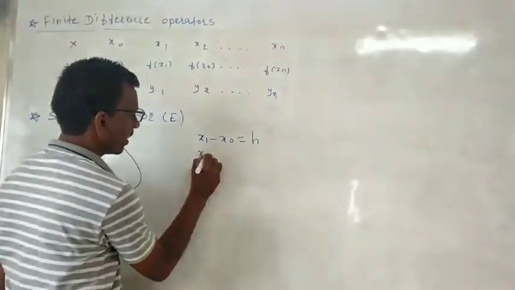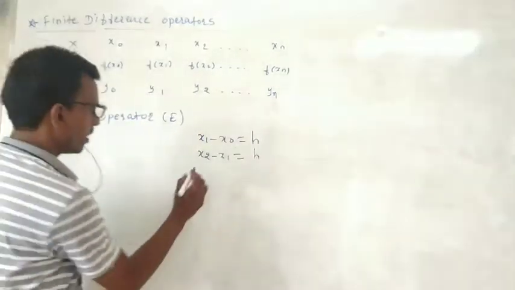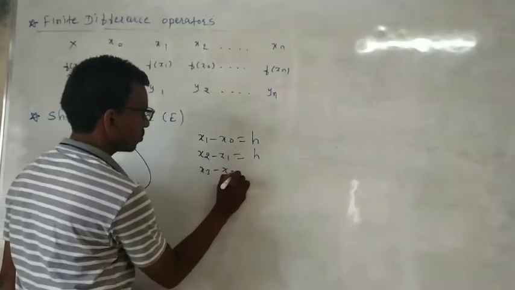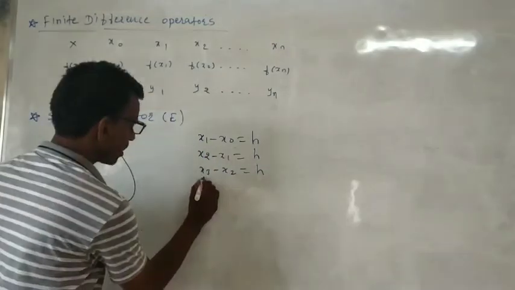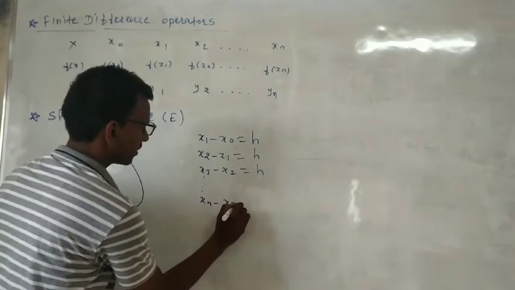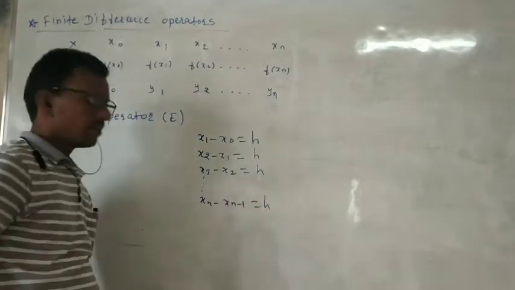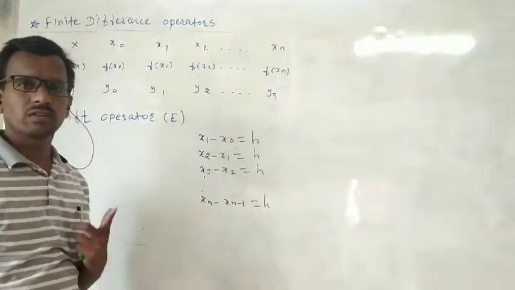Similarly, x2 minus x1 is equal to h, x3 minus x2 is equal to h, or generally we can write xn minus xn minus 1 is equal to h. Means difference between any 2 consecutive points is h.